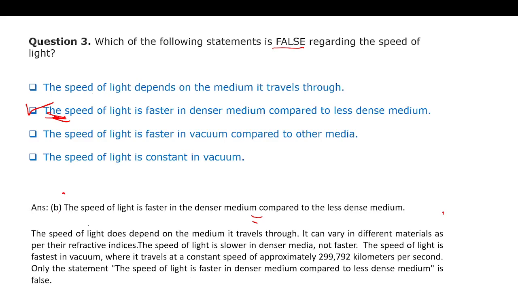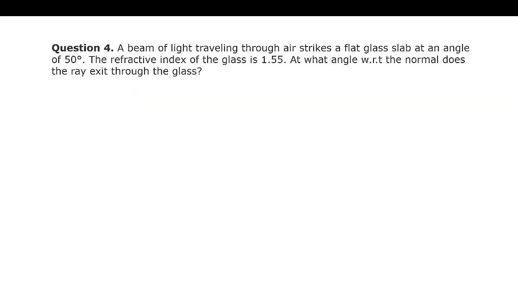The speed of light does depend on the medium it travels through, and it can vary in different materials as per their refractive indices. As I mentioned, the speed of light is slower in denser medium, not faster. The speed of light is fastest in vacuum, where it travels at a constant speed of approximately 2.99 into 10 to the power 8 meters per second. Only the statement that the speed of light is faster in denser medium compared to less dense medium is false.